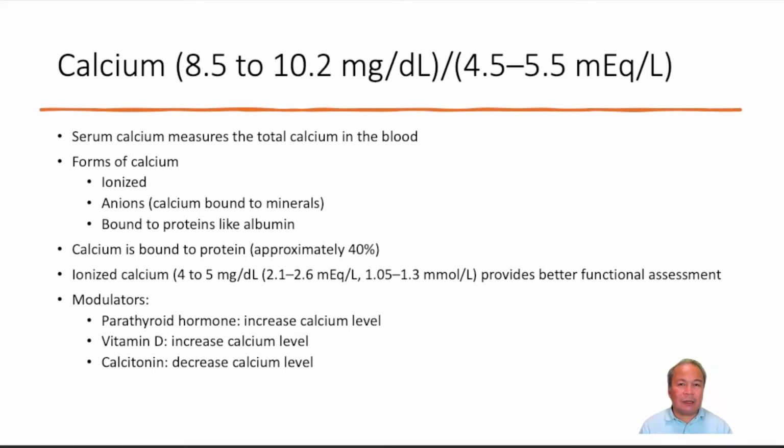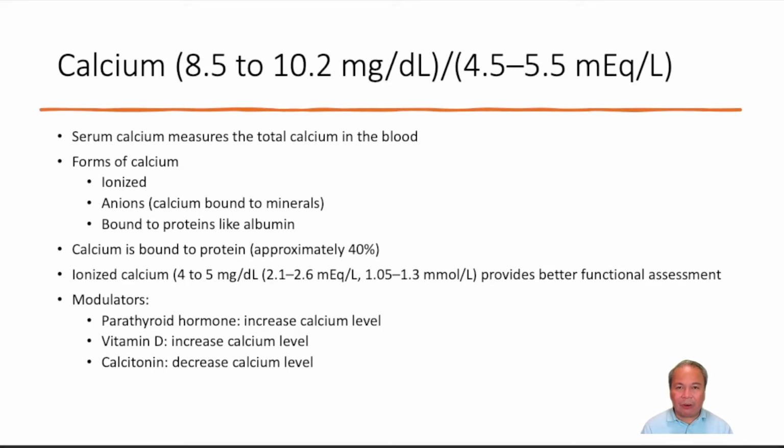Now, the serum calcium that you're going to be seeing in your chemistry 7 would be the total calcium level. Now, as I've mentioned in my previous video, the normal values that I'm going to be using here are those normal values that I see in the clinical setting.